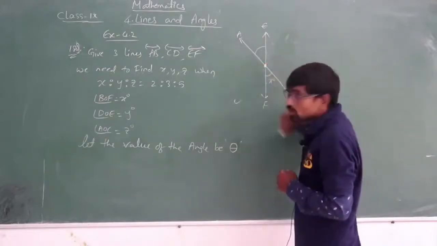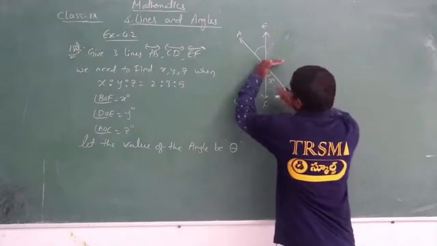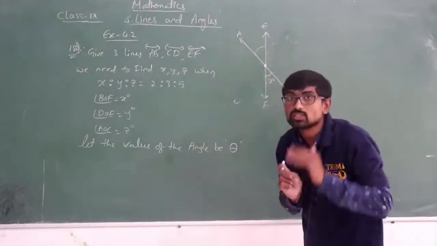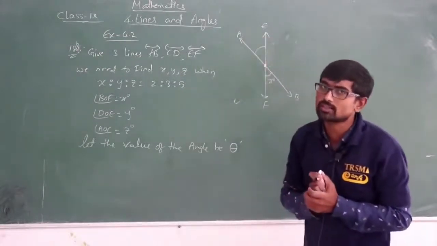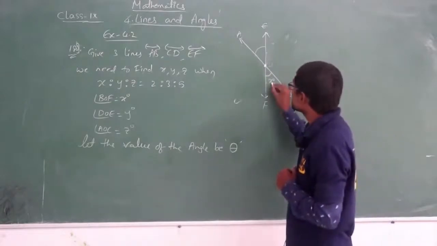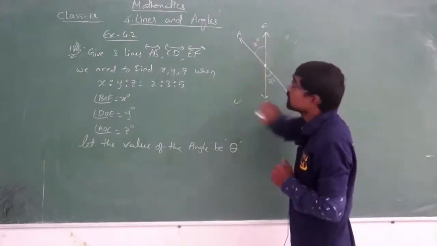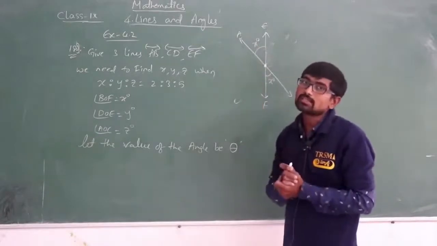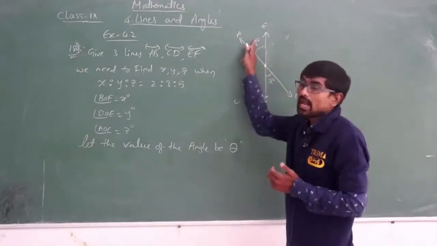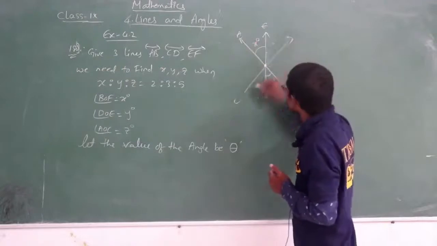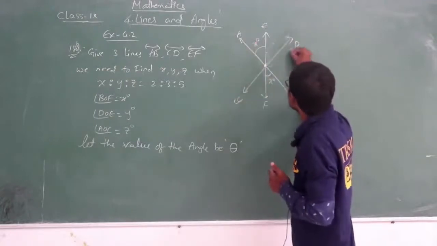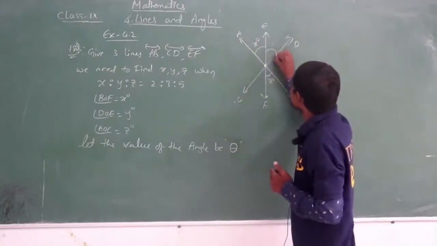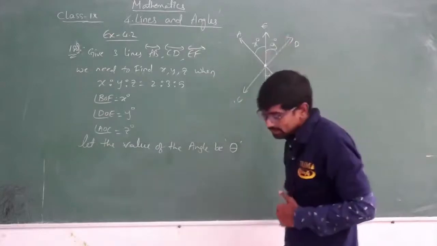I have already told you, if I keep the mirror here, this angle and this angle will be equal. This is called vertically opposite angles, isn't it? So you can see this is x, then it is also x degree. Why? From vertically opposite angles, isn't it? Similarly, if I take this line, here it is y degree, isn't it?